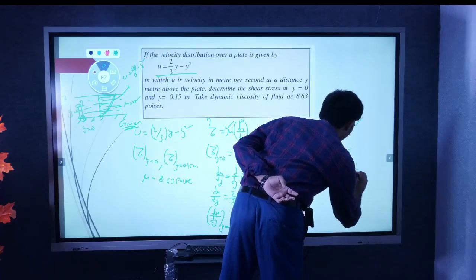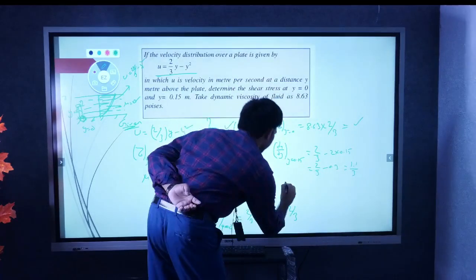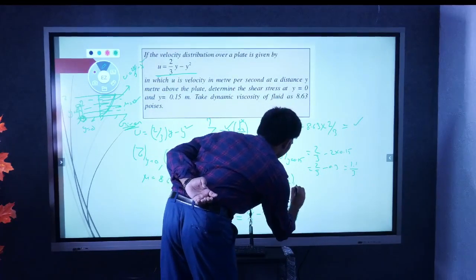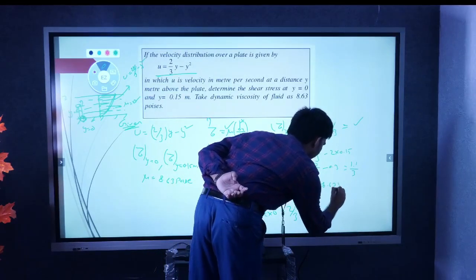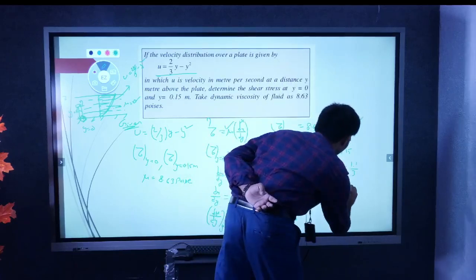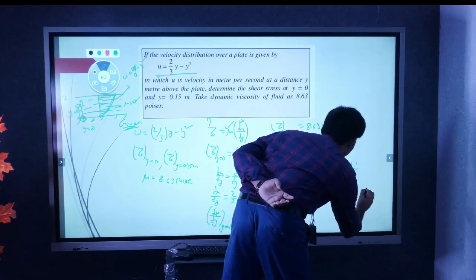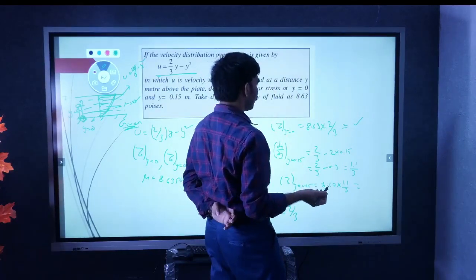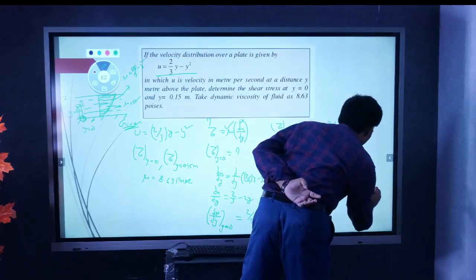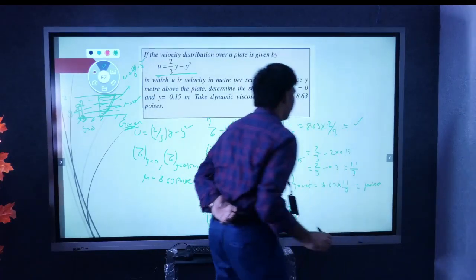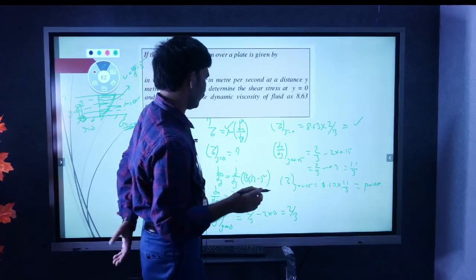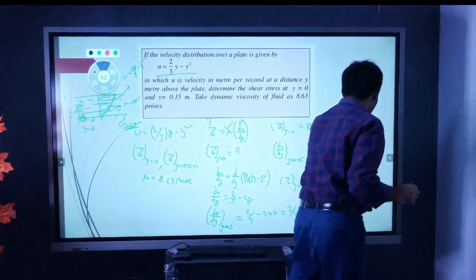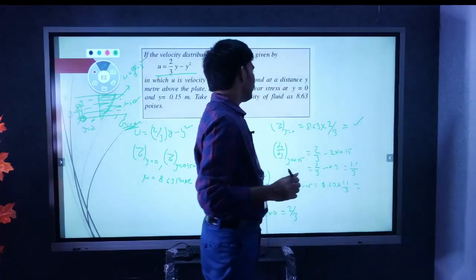This is 1.1 by 3. So what is the shear stress at y is equal to 0.15? That is 8.63 into 1.1 by 3. You will get it in poise. So this is in poise, right?